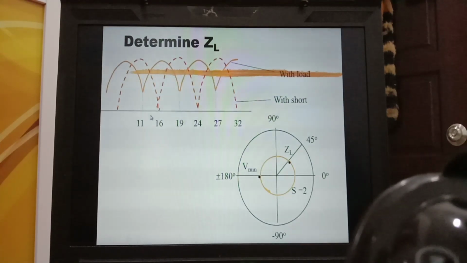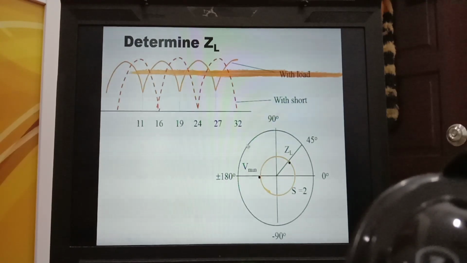In this case we see the distance between these two minima is 16 minus 11, that's 5 cm.